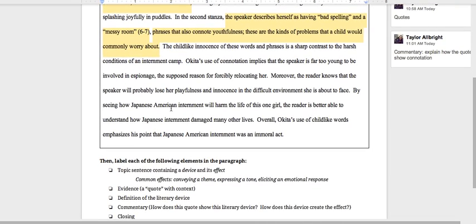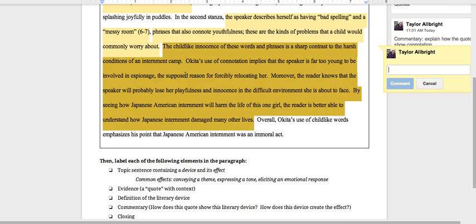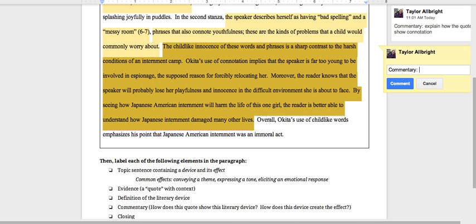By seeing how Japanese American internment will harm the life of this one girl, the reader is better able to understand how Japanese internment damaged many other lives. This whole section, all of these sentences, are the commentary in which I explain how the connotation of the quotes shows the theme of the poem.